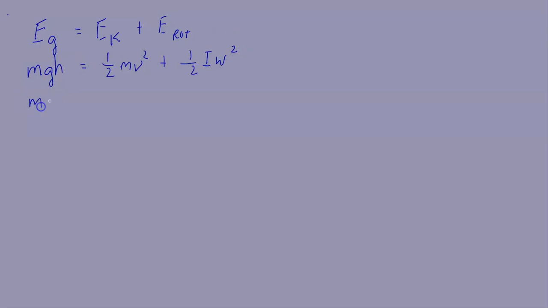So we get mgh equals 1/2 mv squared plus 1/2. The I throughout is going to be 1/2 mr squared. Omega is going to be v over r, and we're going to square that right there.